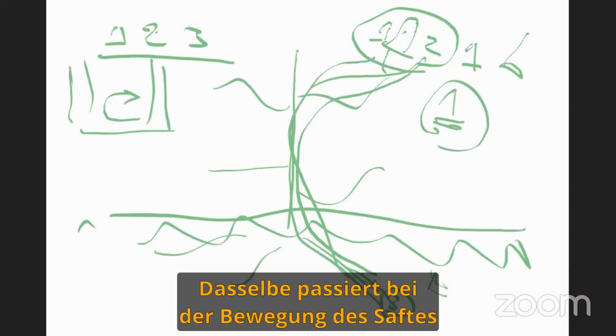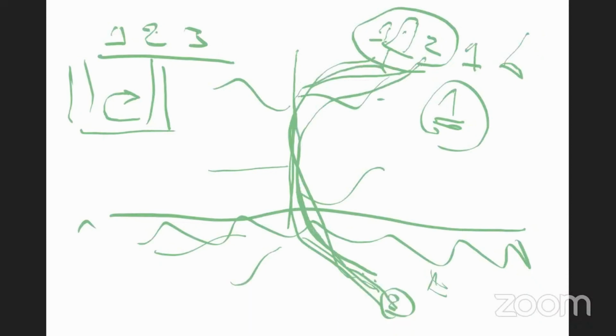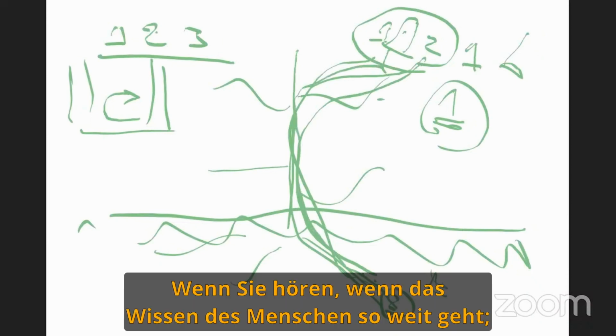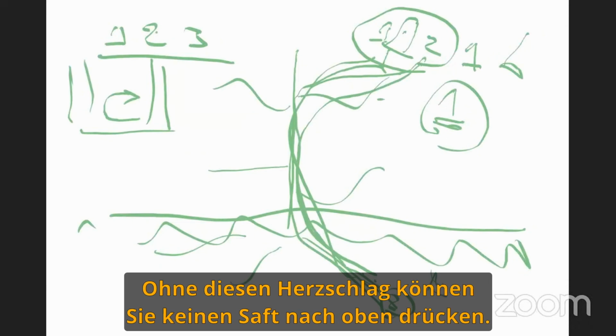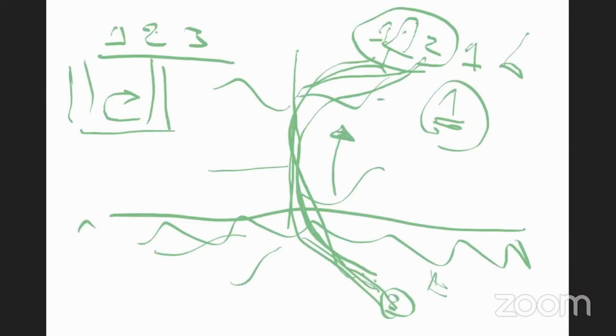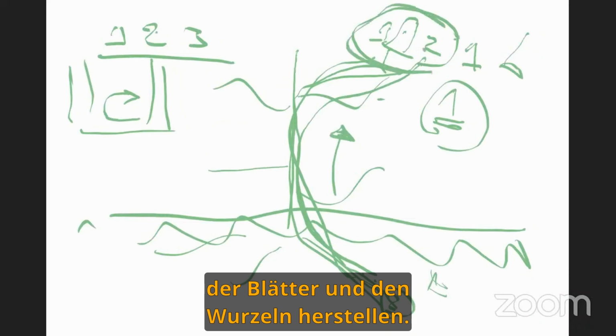The same thing happens in the movement of the sap in the body of the vertical plant. If the knowledge of man goes upward, even the plant has a heartbeat. Without that heartbeat, you can't push the sap up. You can't create the difference between the two levels of the leaves and the roots.